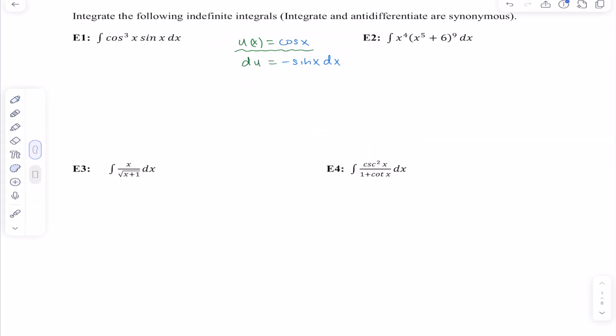Keep in mind your u's and x's cannot mix and match. We're going to separate all our u's on one side, and then we have all our x's on the other side of the equation. Balancing this equation, we can see that the opposite of du is equal to sine of x times dx. We are now ready to make the U-substitution.